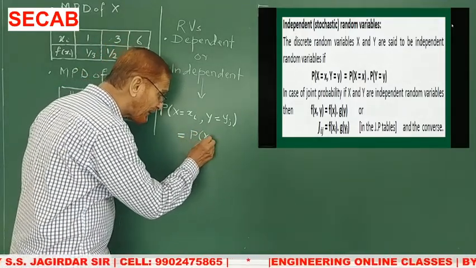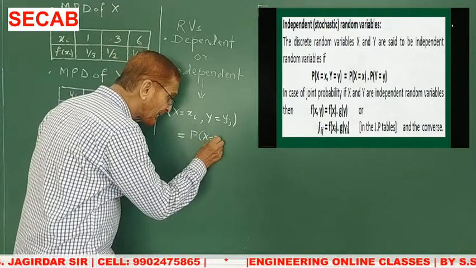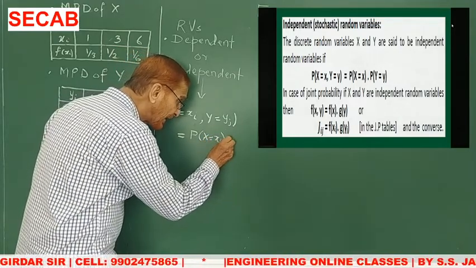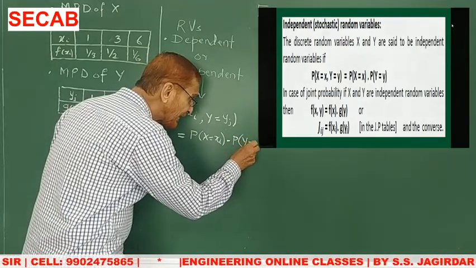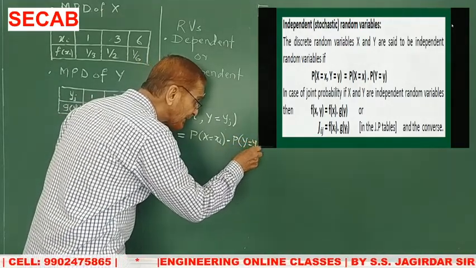That means probability of x when its value is xi times probability of y when its value is yj.